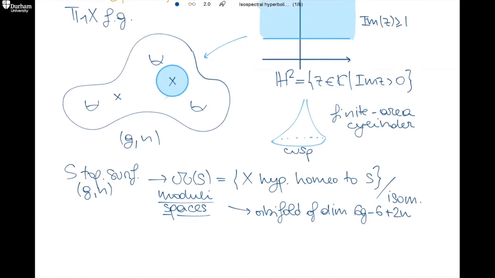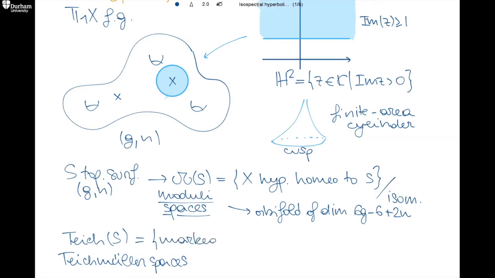And an extra thing one can look at is what is called Teichmüller space, which you've maybe also heard of. This is also a parameter space of hyperbolic surfaces. It's a parameter space of marked hyperbolic surfaces, which essentially means that I record an identification with the base surface S. It's not super important.